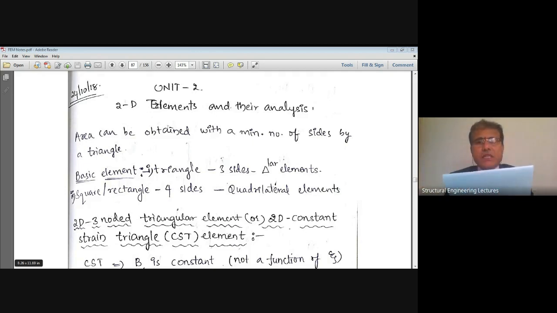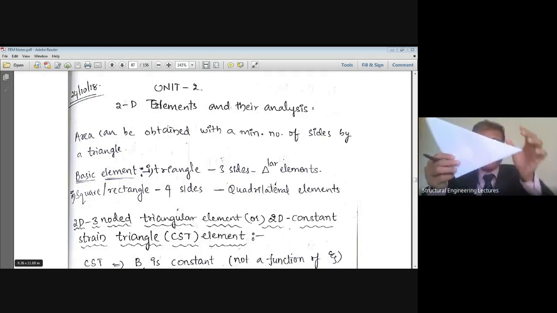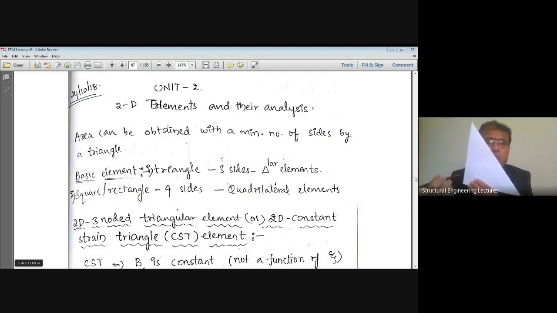Accordingly, this element is called a 2D three-noded triangle, and this is called a 2D four-noded quadrilateral, right?